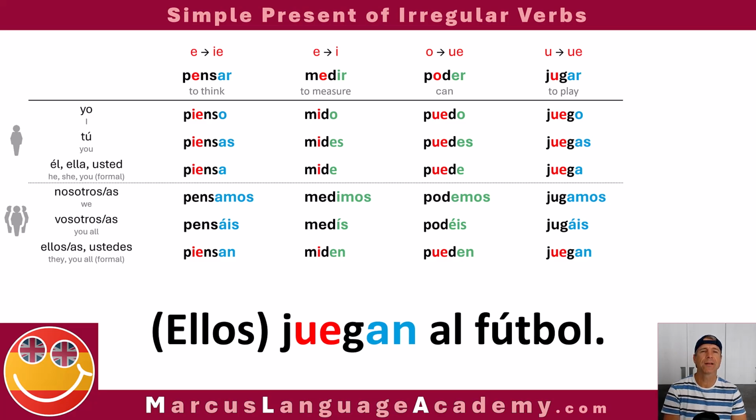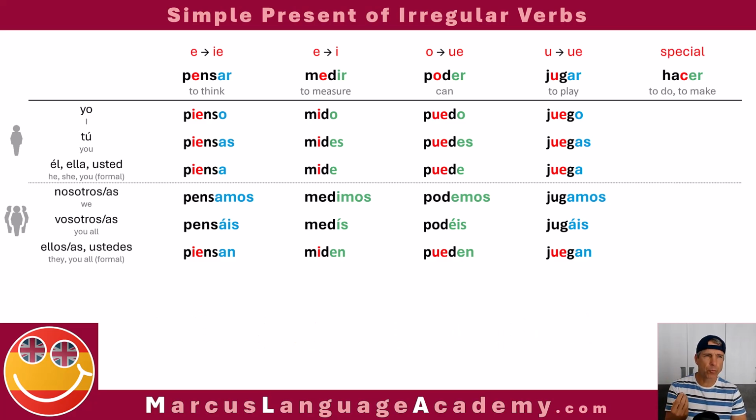Ellos juegan al fútbol. So this is mainly the four main groups where we could change something in the stem. In my course I will mark this every time with the red color, so you will know all those important verbs. And mostly they will choose one of those four groups.